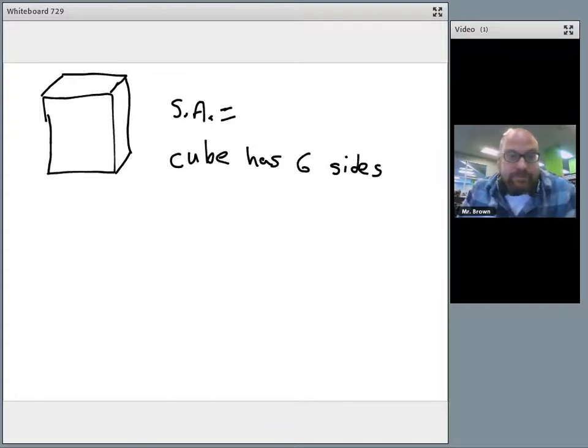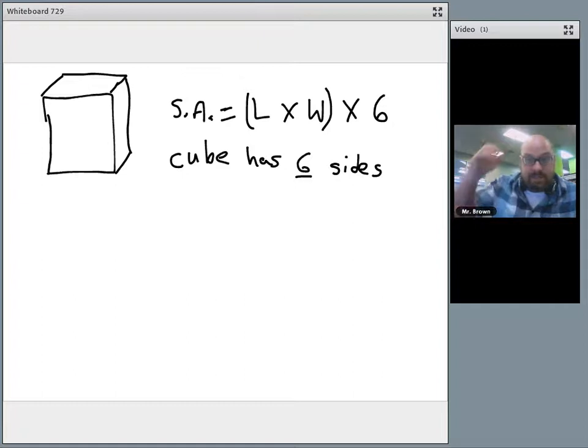Area by itself is length times width. So you find the area of one side by multiplying its length times its width, and then, because a cube is 6 equal sides, multiply that by 6.